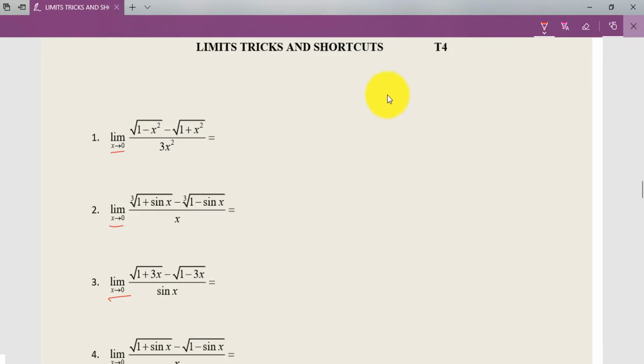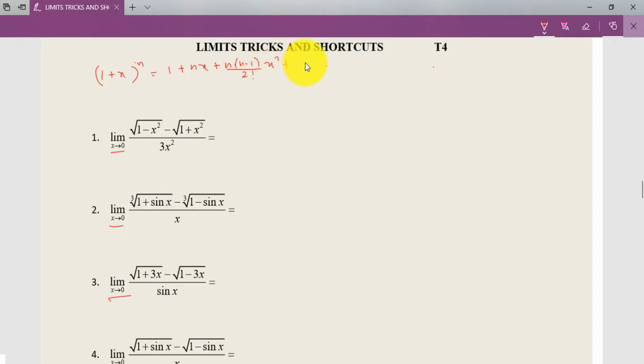Now this type of problem, I always make use of binomial expansion. You know by binomial expansion that 1 plus x raised to n will always give you 1 plus nx plus n(n minus 1) divided by 2 factorial into x square plus, and so on.